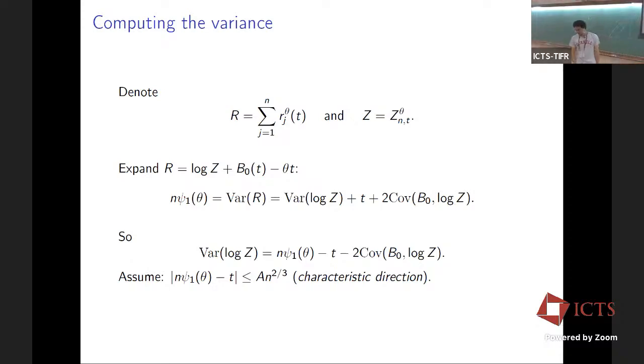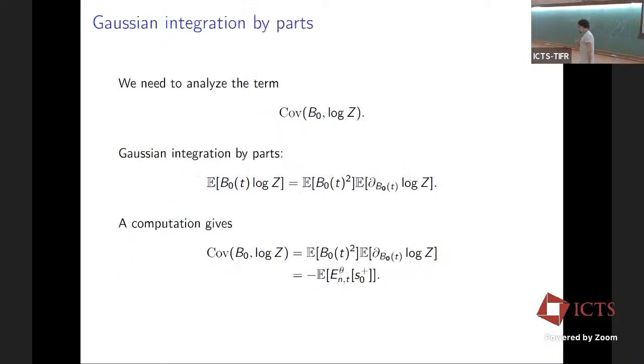And this covariance term, the way to think about it is, I don't want to make extravagant claims, but the point of view is slightly different from what we see in Seppäläinen and Valkó. We're going to use Gaussian integration by parts to treat it, because the way we want to think of this term is as the reaction of the partition function to a perturbation of the boundary. And one way to do this, because we're in this Gaussian case, that's why the O'Connell-Yor model is so nice, is to use Gaussian integration by parts.